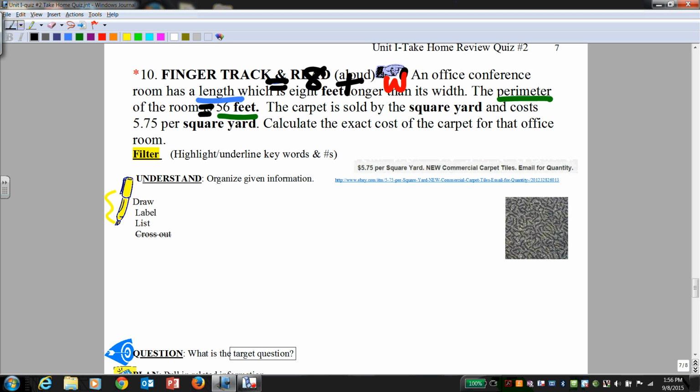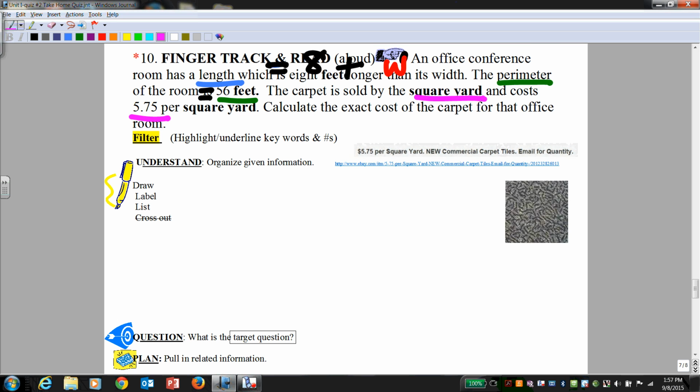Is an equal sign. Carpet is sold by the square yard. And costs $5.75 per square yard. Calculate the cost. Okay, so this is as far as we're going to go. We're going to draw a label list, cross out.